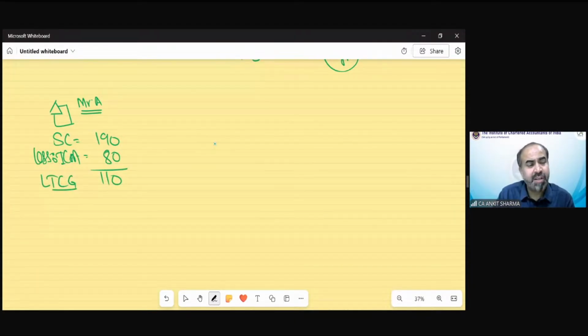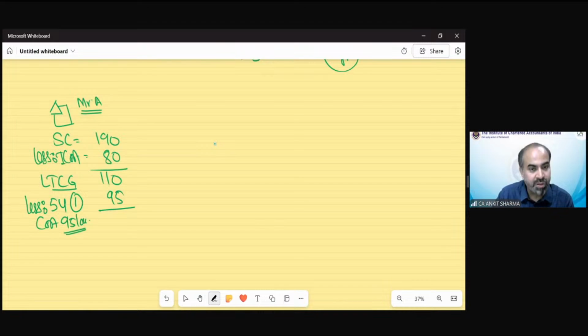Mr. A purchased a new property within time and claimed exemption under section 54 for one residential house. The value is suppose 95 lakh. So the cost of acquisition of this property was 95 lakh, and for that he claimed exemption. So the taxable capital gain is now 15 lakh rupees for this assessment year.